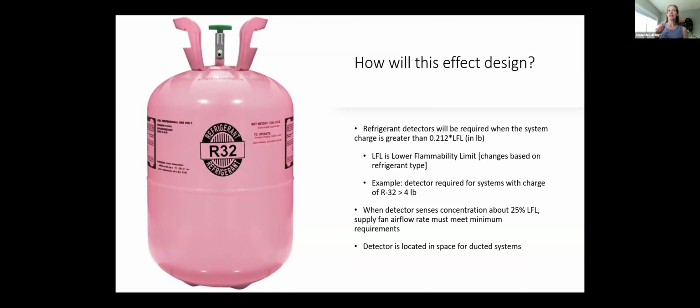A2L equipment will also require different amounts of refrigerant charge than A1 equipment will. Because of that, your line set sizes may actually change based on the type of system and the change in refrigerant.